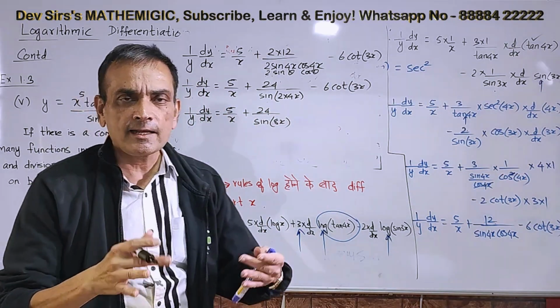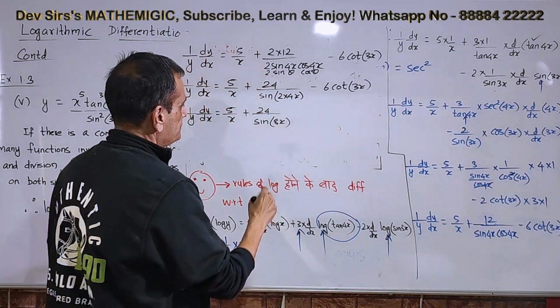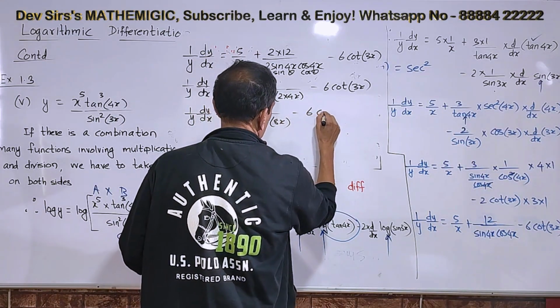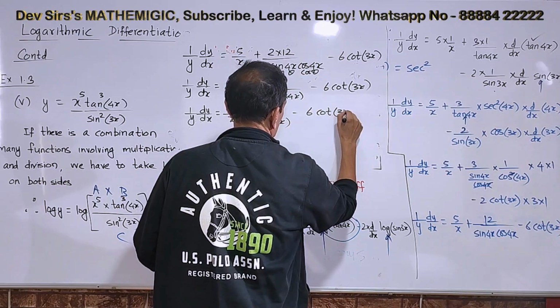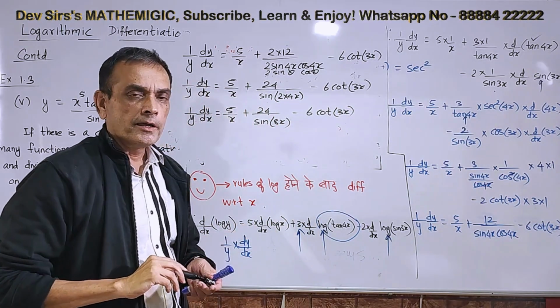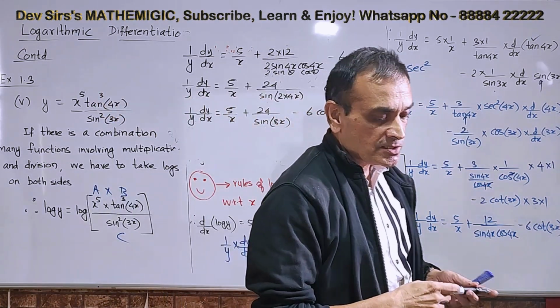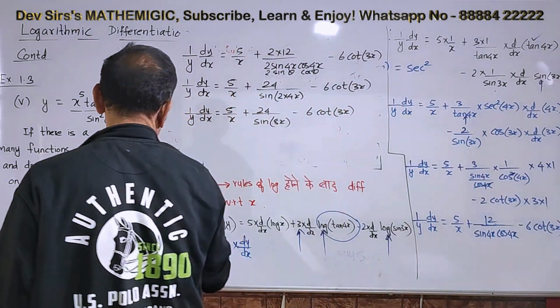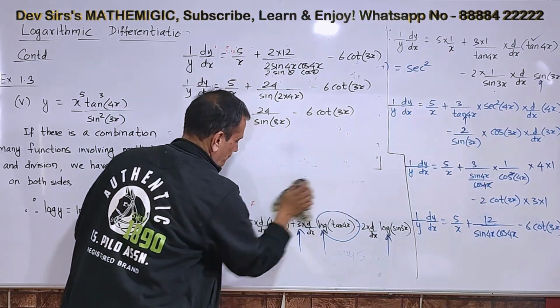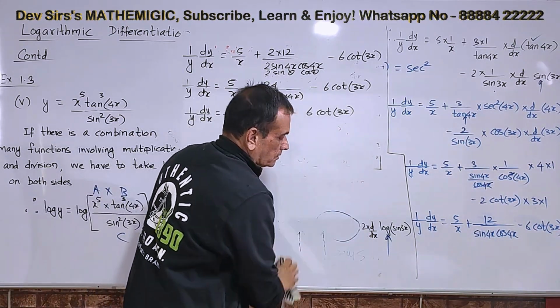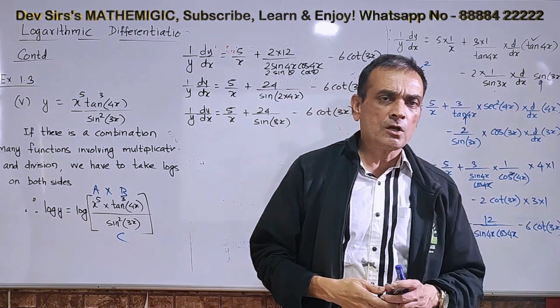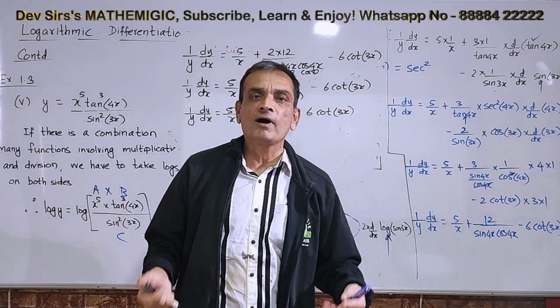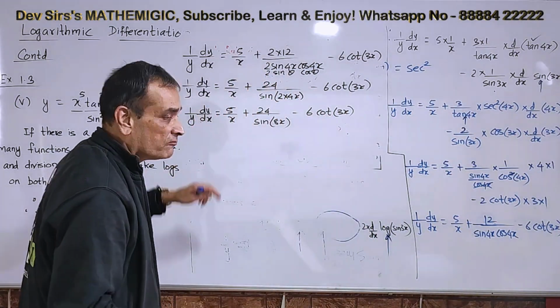2 into 4x, you are allowed to multiply inside the angle. Important step for logarithmic differentiation. Final step is a simple step but important. Do you remember what? Friends, in log differentiation, always on the left hand side we get log y, that is 1 upon y dy by dx always.